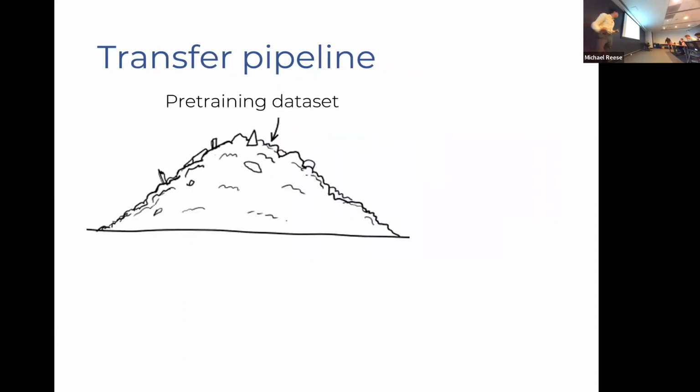So just to give you a quick primer on the transfer learning pipeline, the way this works is that we have this big pre-training data set, and we have a smaller target data set. And the goal for us, when we're using this transfer learning pipeline, is to get good performance on this target data set. But we have this giant pre-training data set that we can potentially use to help improve our performance. Okay.